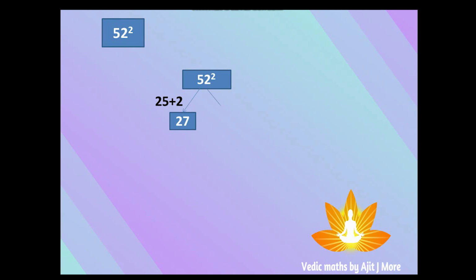And the second part, as usual, I told you, is the square of the unit. Who is at unit? 2. 2 square is 4. But always remember the second part has to be of 2 digits. So prepend it with 0 and you'll get 04. Join it and you get the answer as 2704.